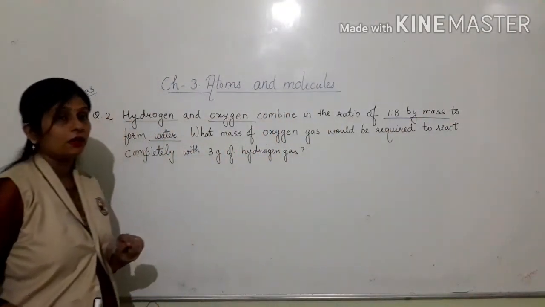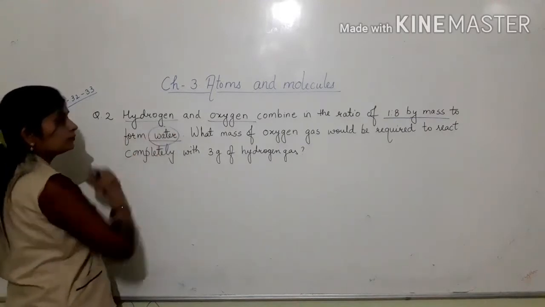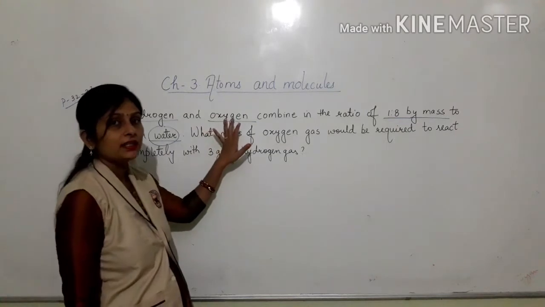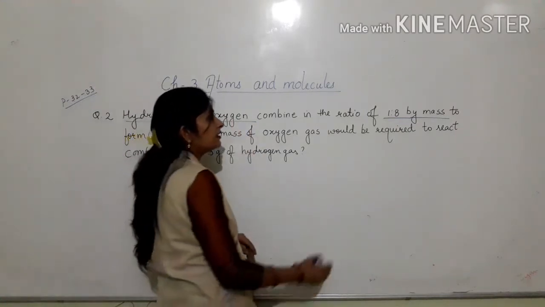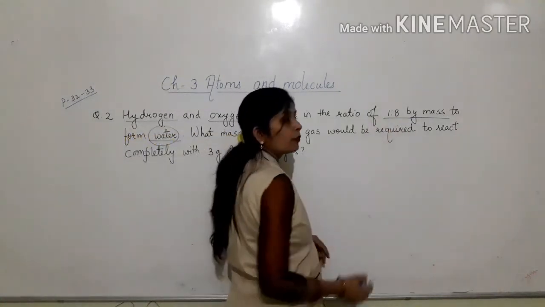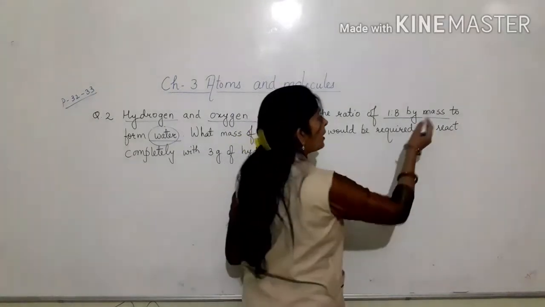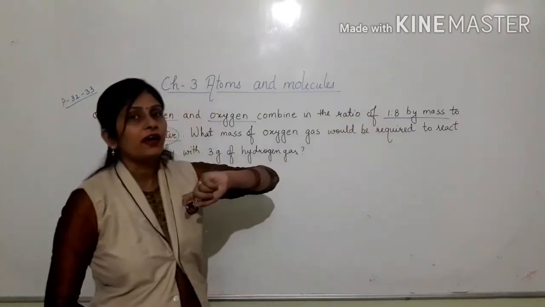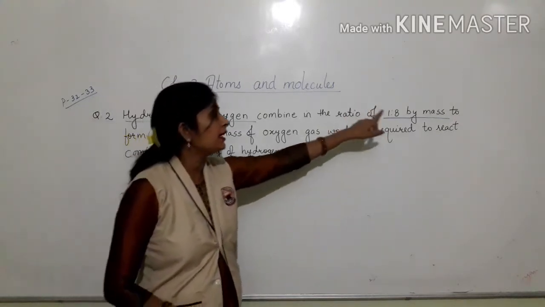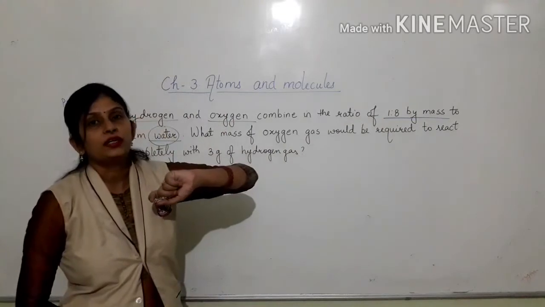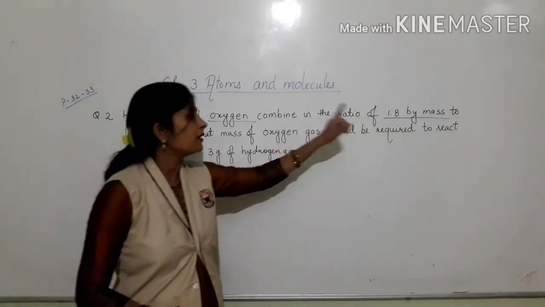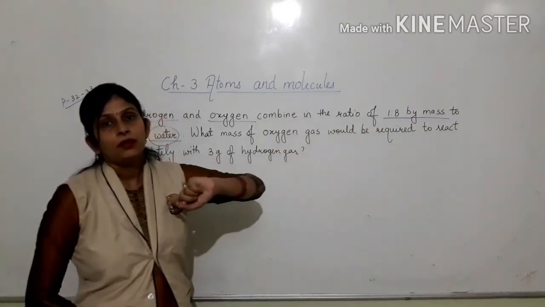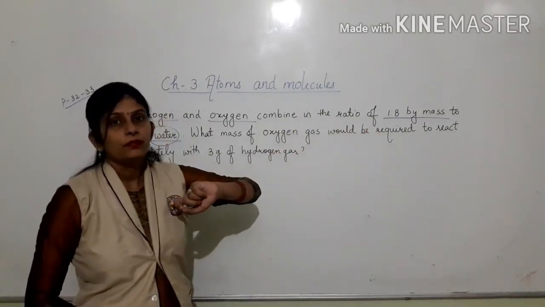Okay, for example, in water, hydrogen and oxygen elements are always present in the proportion 1:8 by mass. It means if one part of hydrogen is there, then 8 parts of oxygen are there. If 1 gram hydrogen is there, then 8 gram oxygen is there.